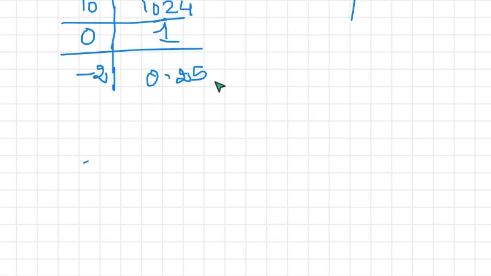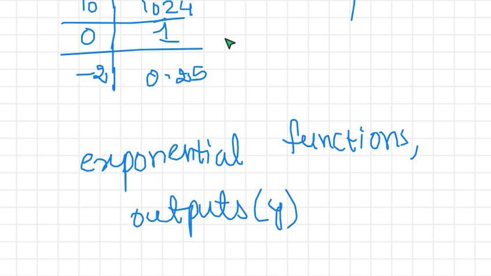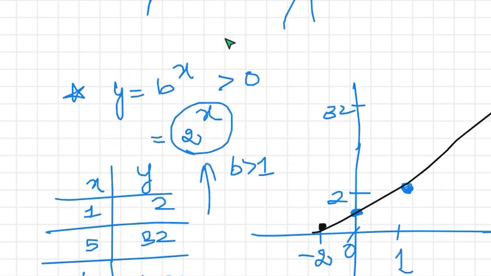So for exponential functions, the outputs or y values are positive, assuming the base is positive. You know what is base and what is exponent, right? This is the base.